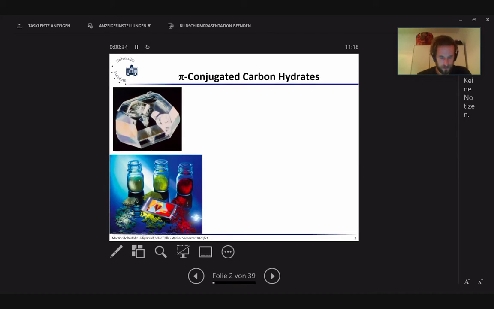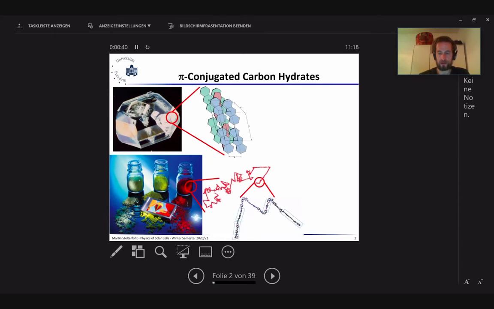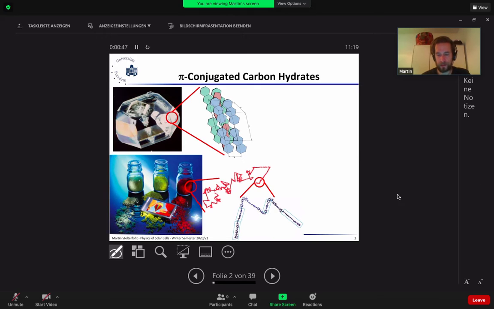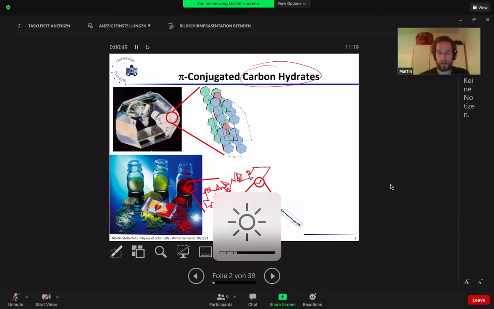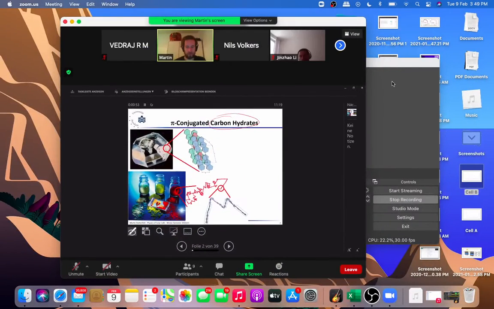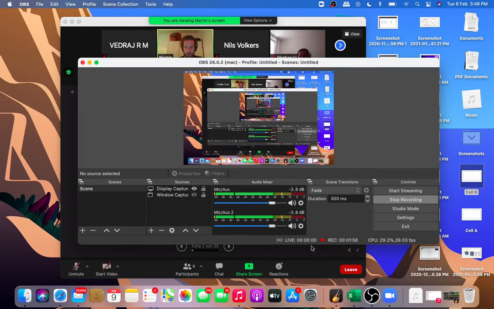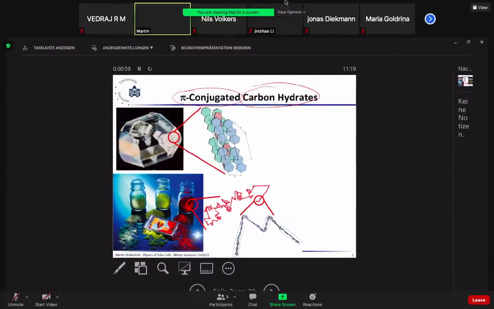Okay, these slides I have shown you already. These are examples of pi-conjugated carbohydrates. So organic molecules always have carbon and hydrogen. And the semiconducting properties come from the pi conjugation, which I will explain in detail.